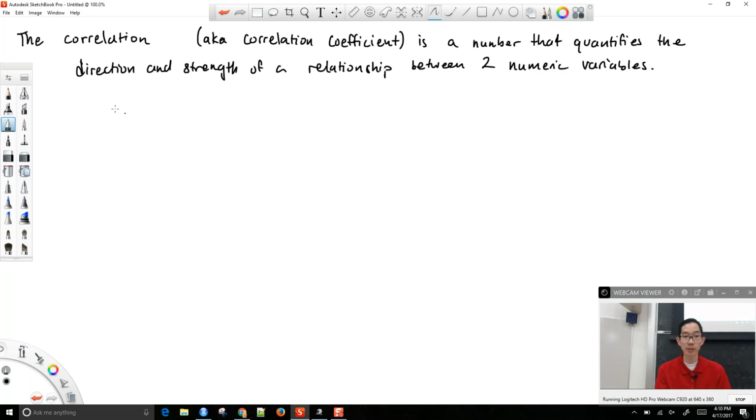The symbol is R, kind of like relationship. And the interpretation of the correlation only makes sense if the relationship is linear.